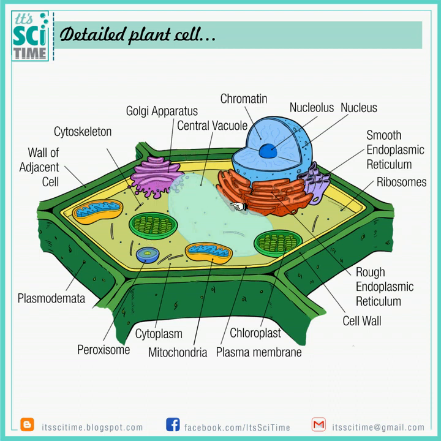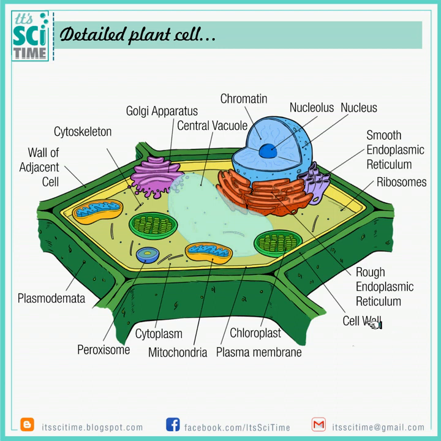You can clearly see the central vacuole takes large space here in plant cells, and mitochondria are common to plant and animal cells, and these are the chloroplasts, photosynthetic units in plant cells. So we need to remember all these parts of animal and plant cells, and we have to remember the differences between animal cells and plant cells.